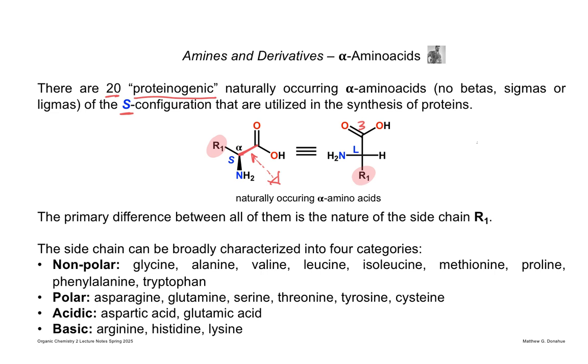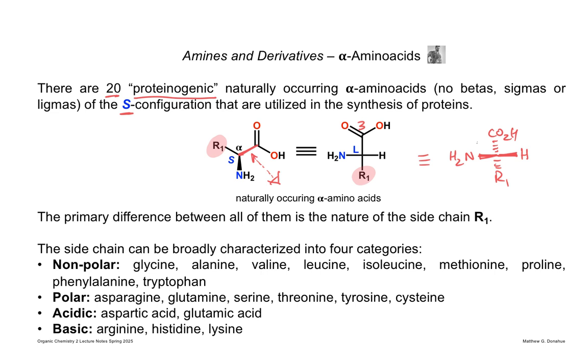Because we know that carbon isn't flat. So that is equivalent to the stuff on the horizon is projected out towards you. And then on the vertical, they're going away from you. And we'll see the reason why Fischer used these when we study glucose and how he was able to figure out what the structure of glucose actually is.